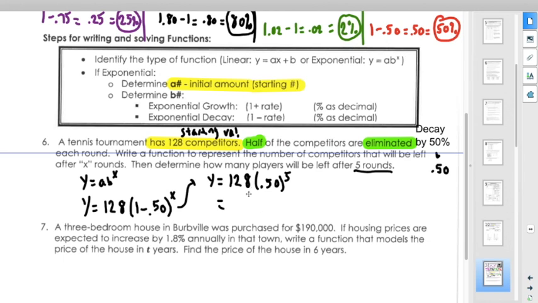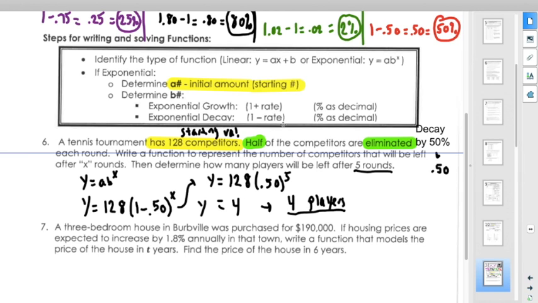Now, with your calculators, you will plug this in exactly as you see it. You're not going to do the multiplication first. You are going to plug this in exactly as it shows on your paper, and you will get y equals 4, which means 4 players will be left after 5 rounds.